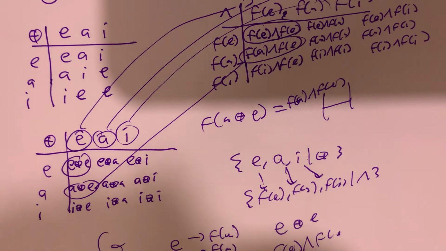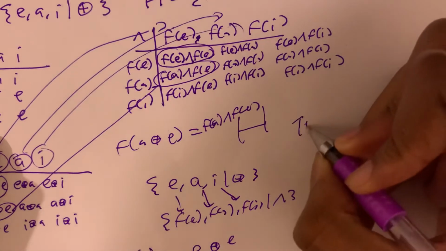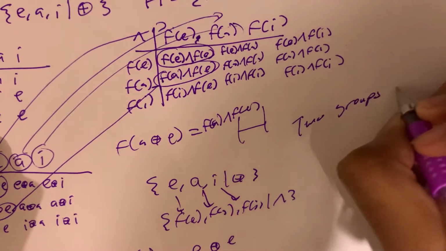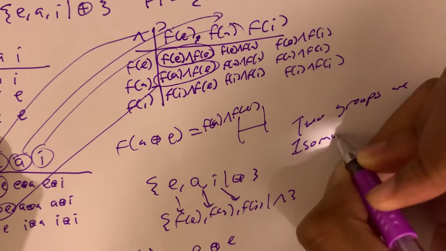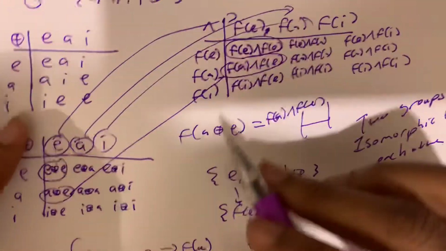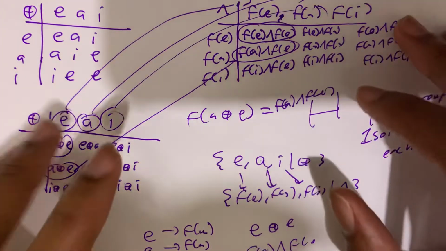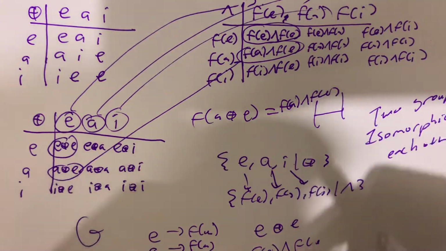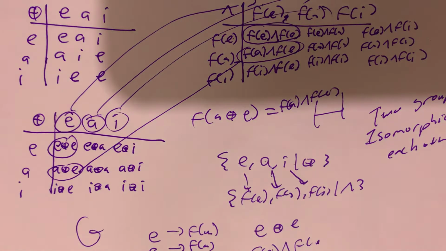Now I haven't actually defined what isomorphic means, and we say that two groups are isomorphic to each other if the elements are really just relabeled once the function acts on them. There's really just a relabeling occurring.